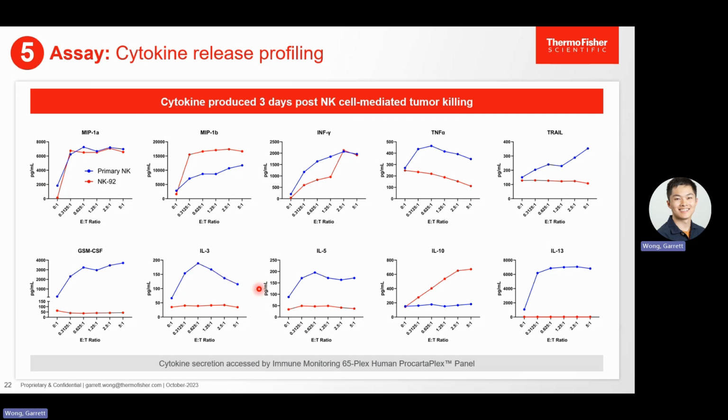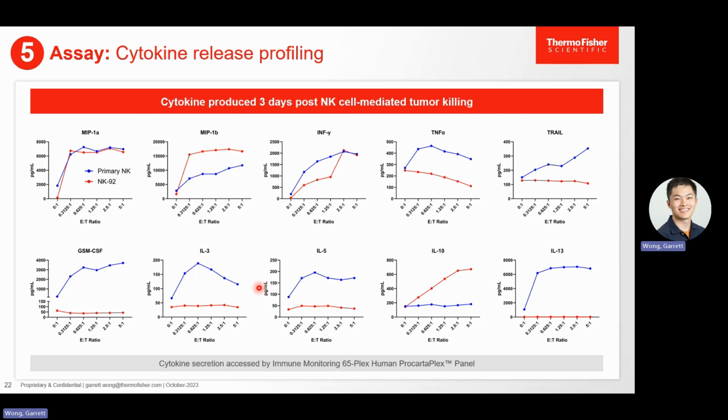So like for IL-3. Based on the previous slide, you could see that for the primary NK cell populations with the highest effector to target cell ratios, almost all the GFP signal was gone after 48 hours, indicating all the target cells were killed off.